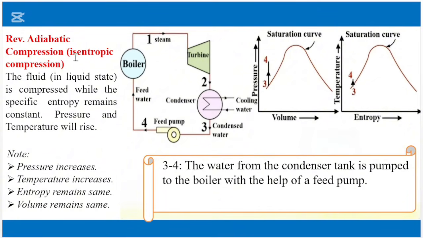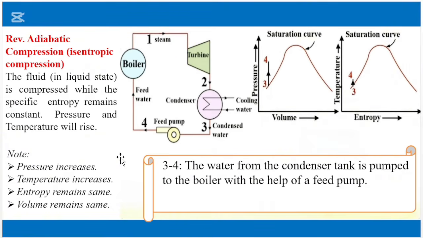But because it is happening at constant entropy, the entropy is the same. Entropy does not go right or left. So overall, pressure increases, temperature increases, entropy remains the same, and volume remains the same. Now we have completed the first process of the Rankine cycle, that is compression.